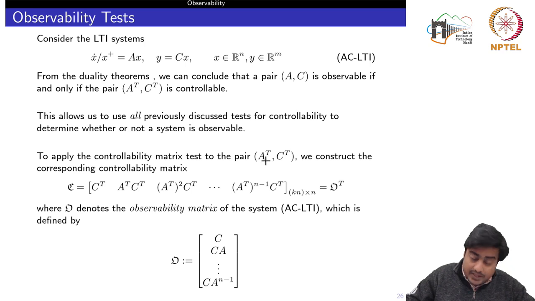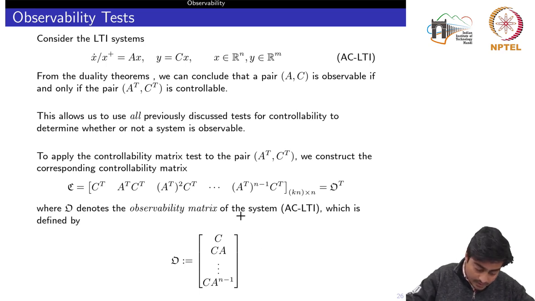So on this pair A transpose, C transpose, if I compute the controllability matrix, it is given by this one, of dimension kn cross n. Now I can define this matrix as the transpose of the observability matrix, where my observability matrix is given by this one.